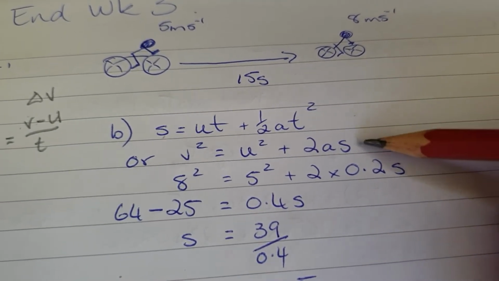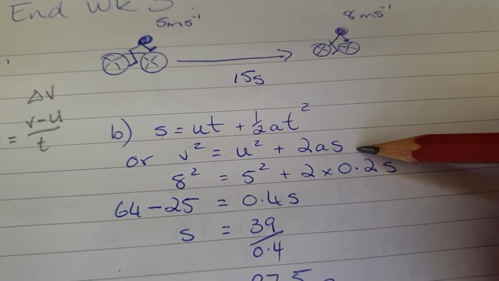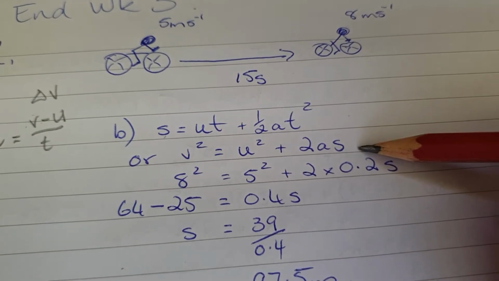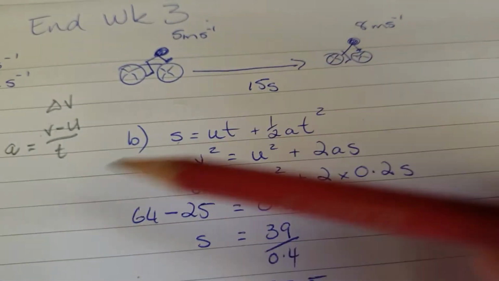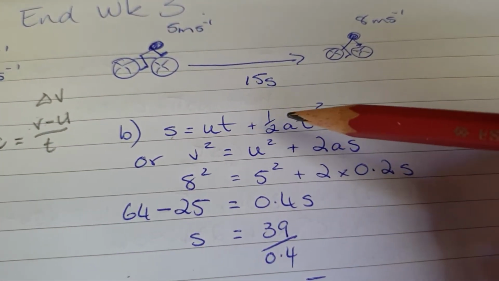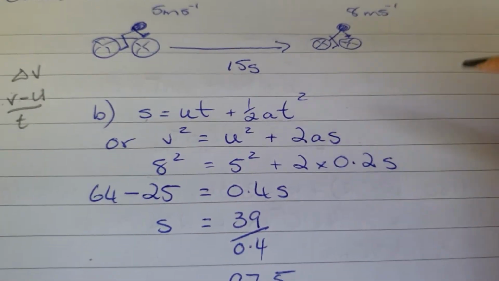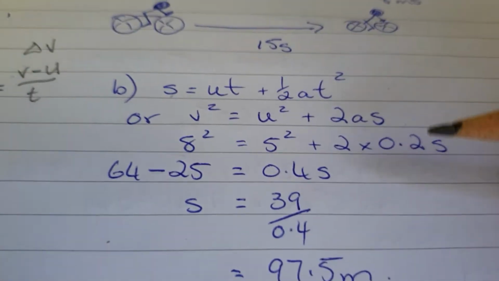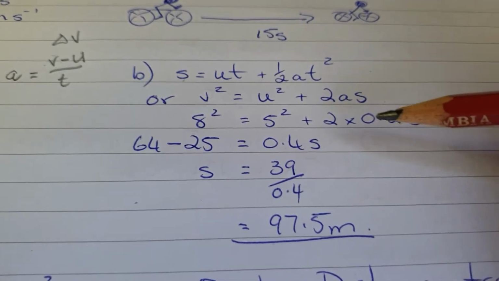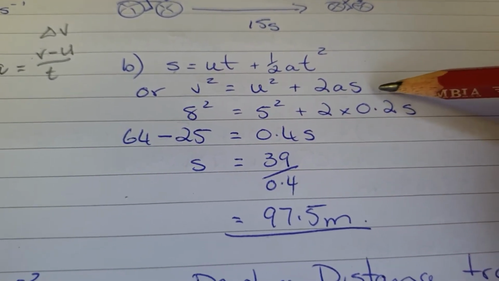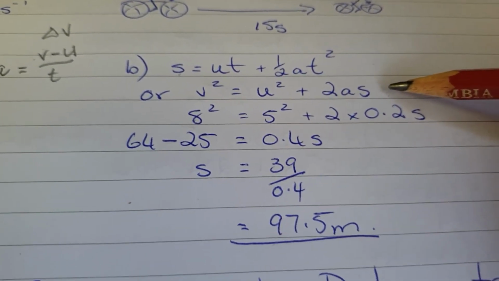When I'm trying to choose, I try to choose one that doesn't rely on something that I've just calculated, but the thing that I've just calculated is acceleration, and it's in both formulas, so it's really not going to make any difference which one you use. I think this one's probably a little bit simpler in its format, but it's not going to matter.